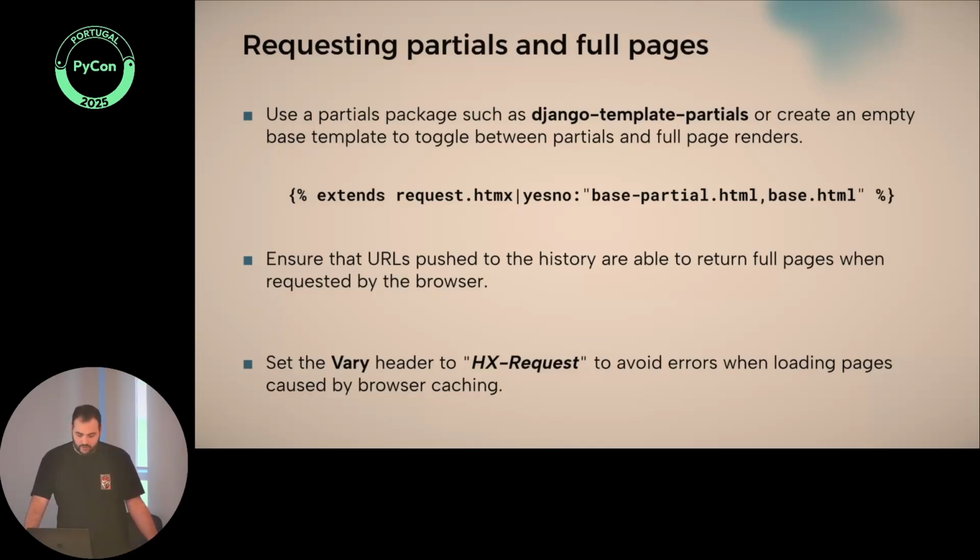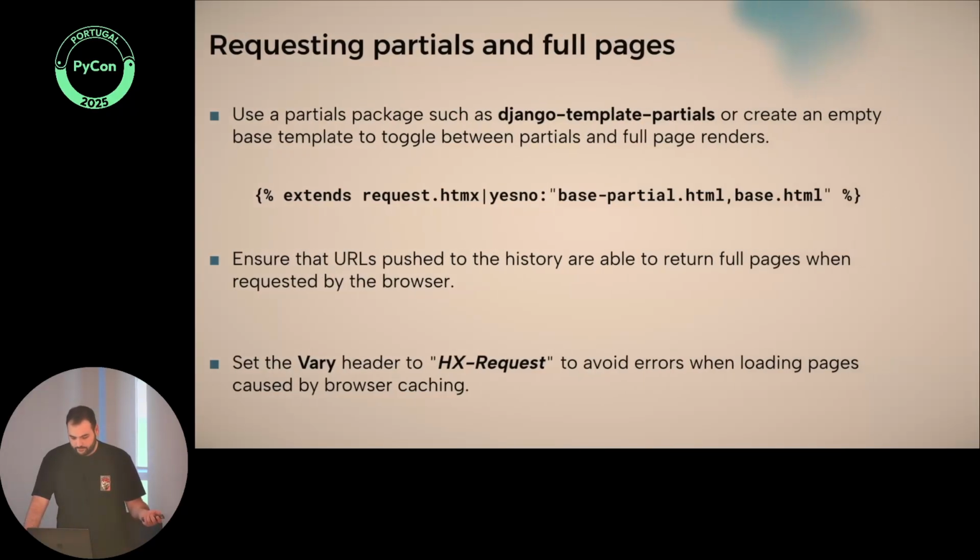There's also a good snippet that allows you to have an empty base template just for partials, and an empty base template with all the assets you need, usually JavaScript, Tailwind, etc. You should ensure that the URL is pushed to the history only when you can provide full pages, and set the Vary header to Ajax request to avoid errors on browser caching.